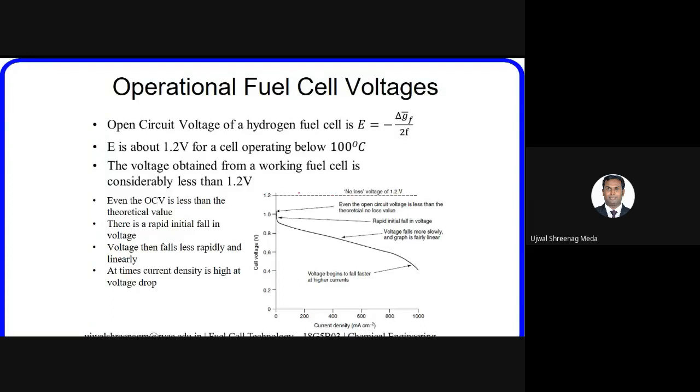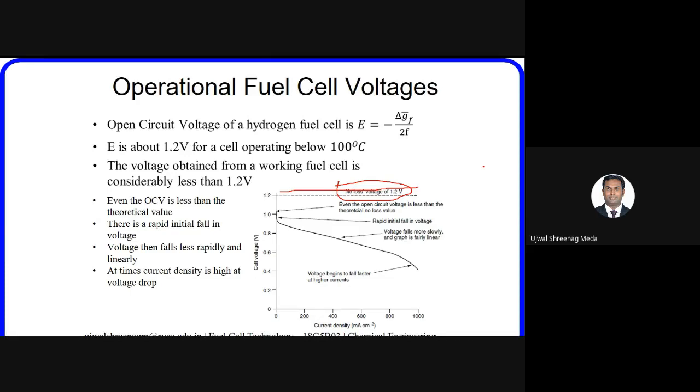So here there is a line parallel to x-axis at a voltage of 1.2, which is listed as no loss voltage, which is nothing but reversible open circuit voltage, on paper, that is theoretical no loss voltage.